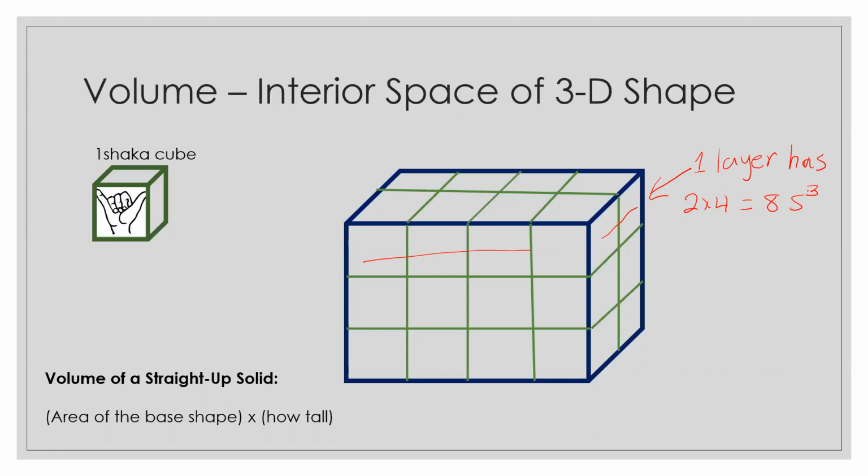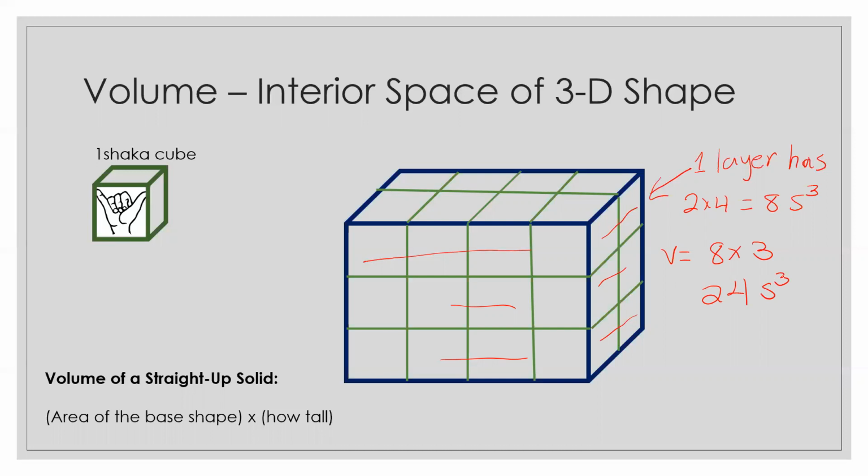And now to count the full amount, how many layers do I have? I have 1 layer, 2 layers, and 3 layers. So then the volume would be 8 times 3, which is 24 shaka cubes.